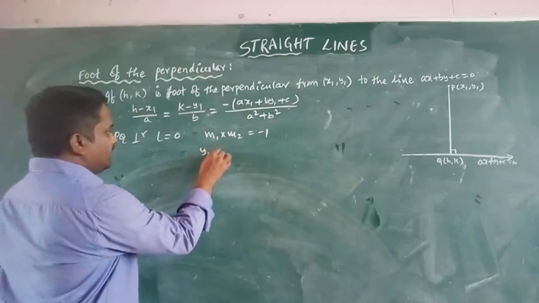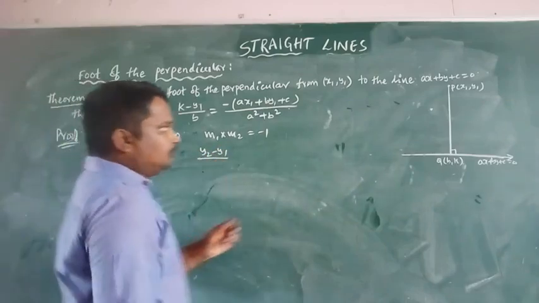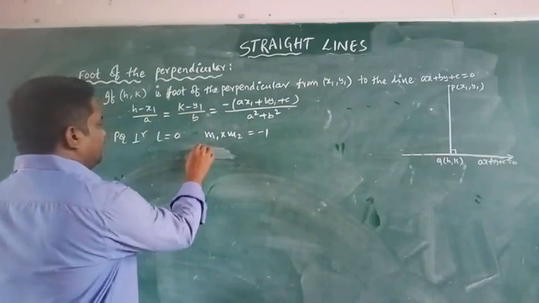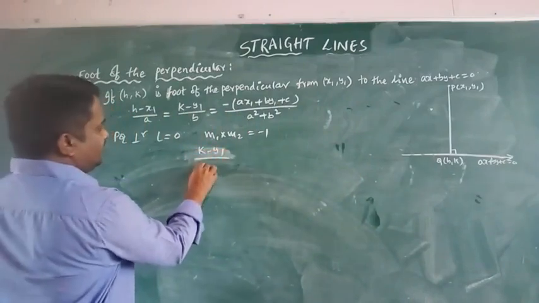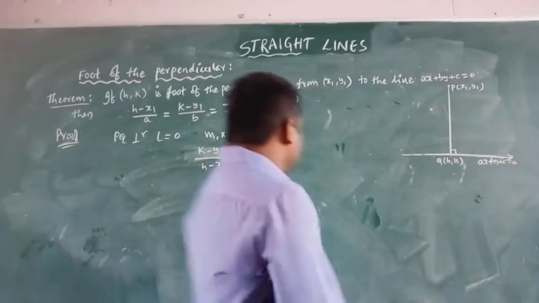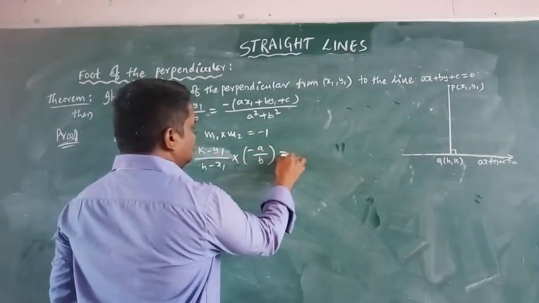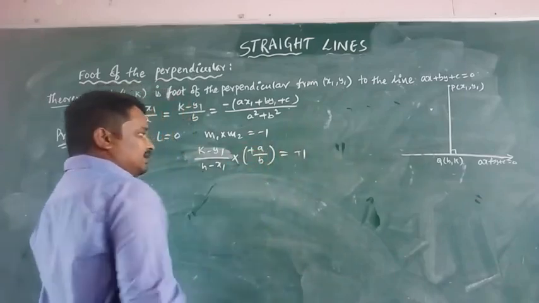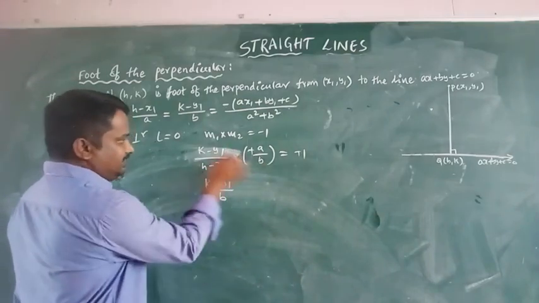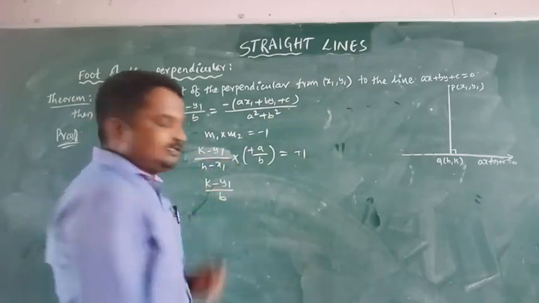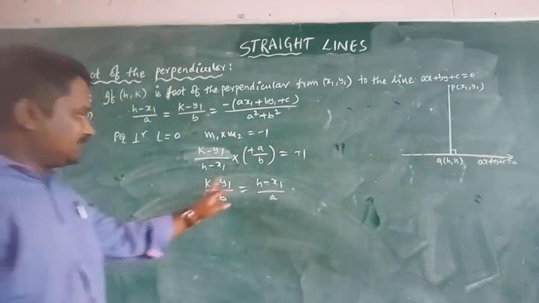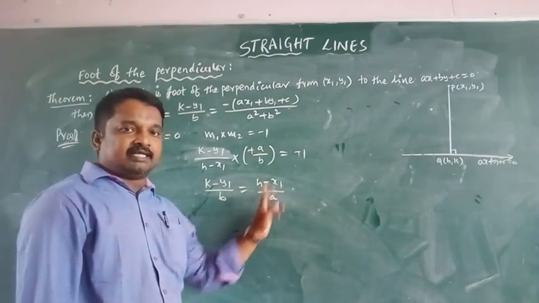That is, (k - y1)/(h - x1) times the slope of ax + by + c = 0, which we know is -a/b, equals -1. The minus signs cancel, so taking this fraction and transposing it to the right side, k - y1 by b equals h - x1 by a.